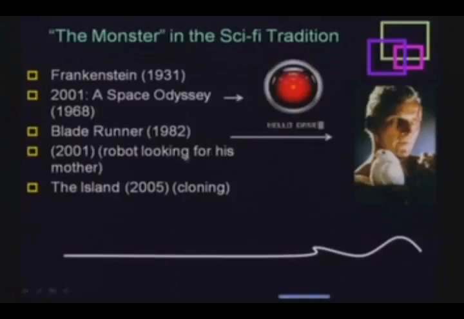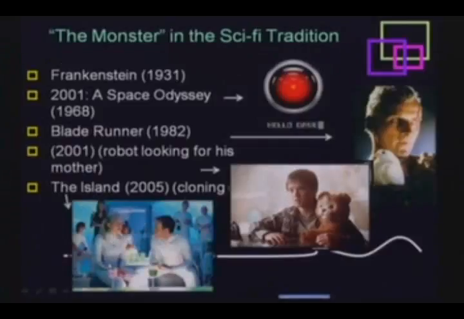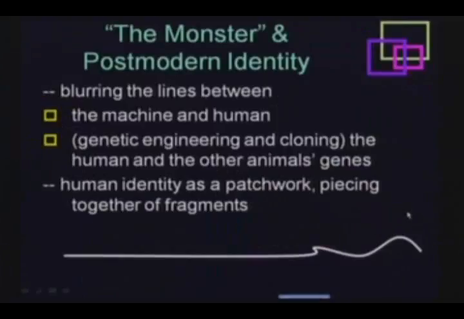And then Artificial Intelligence, AI, 人工智慧, where the robot becomes not really a monster, but a cute boy, but disowned by the mother. And then Island, about cloning. So these are the films that you might know, which are in the same tradition of Frankenstein.